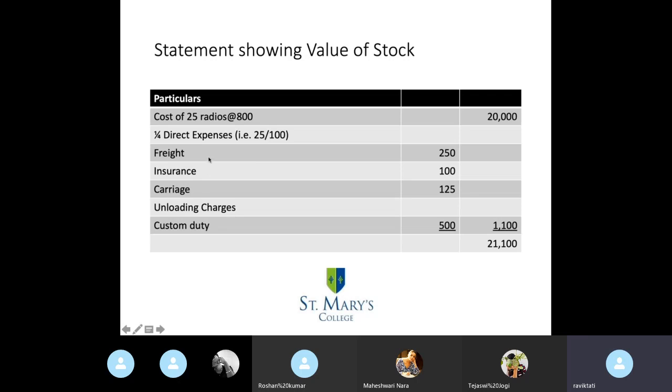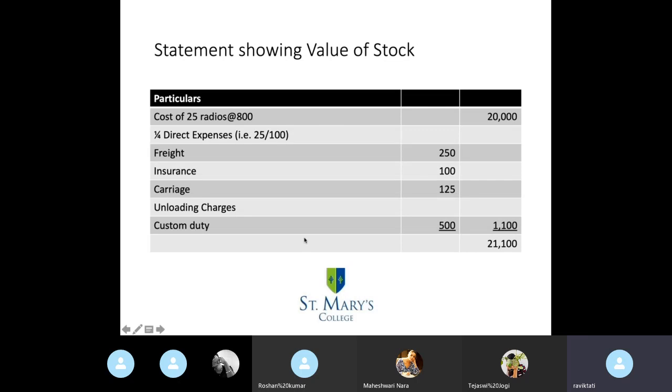Freight, 25% of freight, 1000 into 25 by 100, 250. Insurance, 400 into 25 by 100 is 100. Carriage, 500 into 25 by 100 is 125.